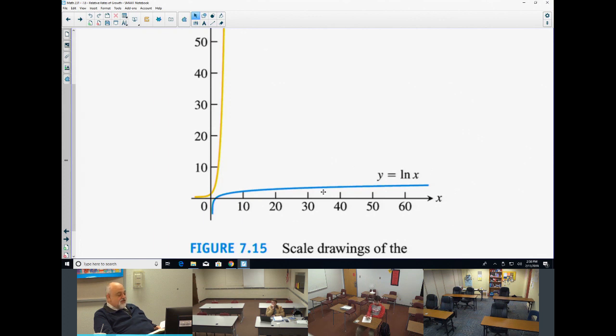For example, when the y value is just up to here, 43 centimeters, the x value would have to be out nearly 5 light years on the x-axis. So that's just telling you that the natural log is growing, but so slowly, whereas e to the x grows super quickly. So that's kind of what I wanted us to get out of that.